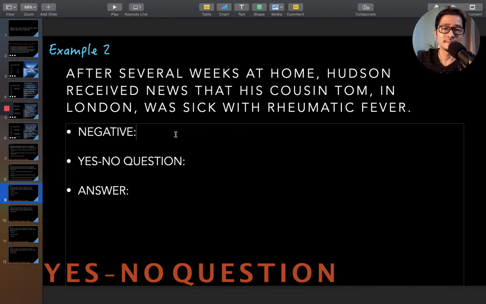So it's a long sentence. That's why I chose this, because I want us to practice with a more complicated sentence.